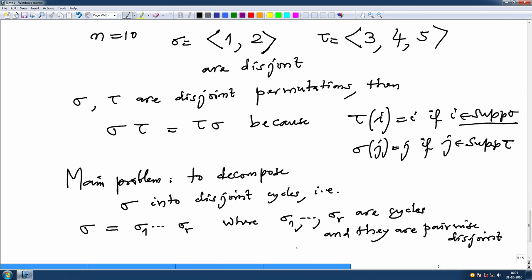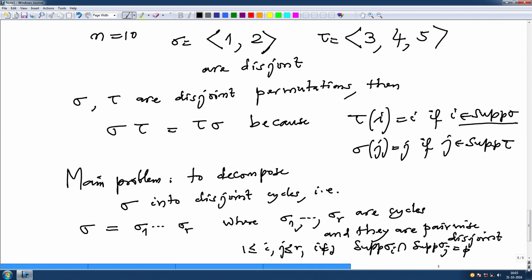That means for any i and j between 1 and r, i not equal to j, the support of sigma_i and the support of sigma_j are empty in intersection.